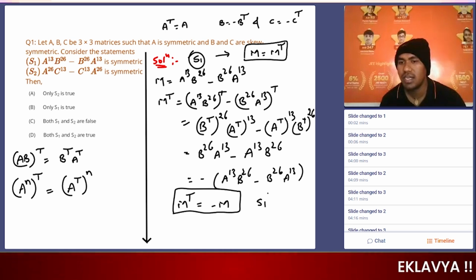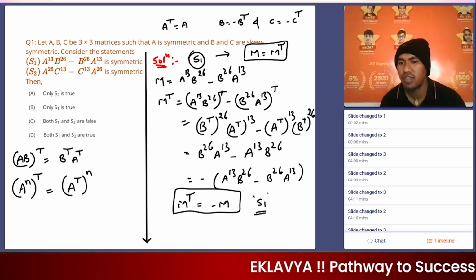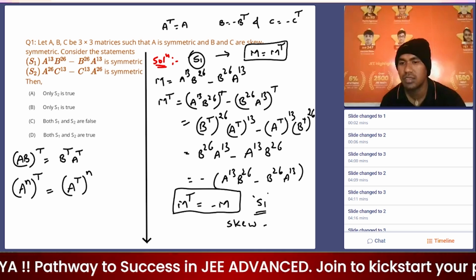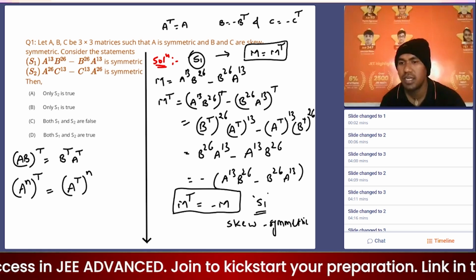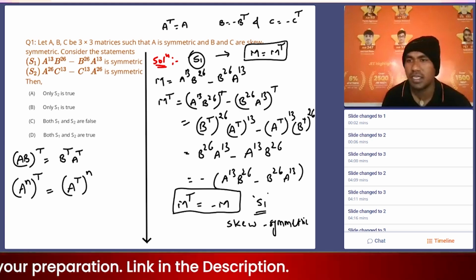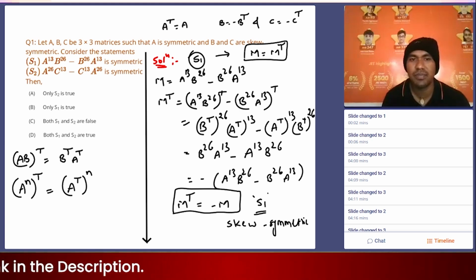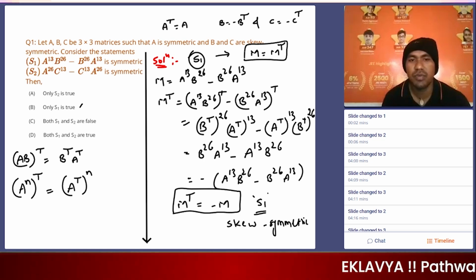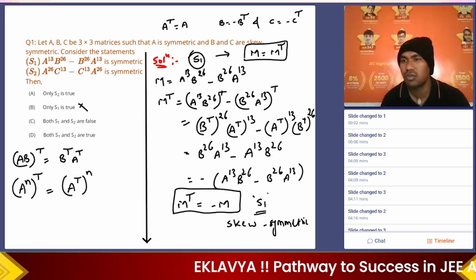So here S1, whatever they have given, is actually a skew symmetric matrix. So the S1 statement is not true.